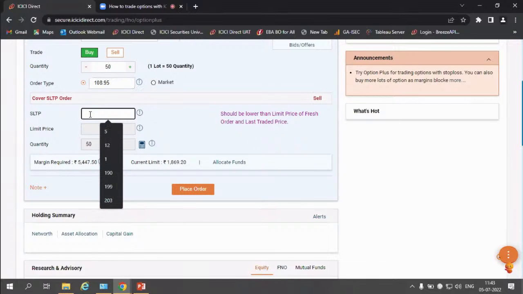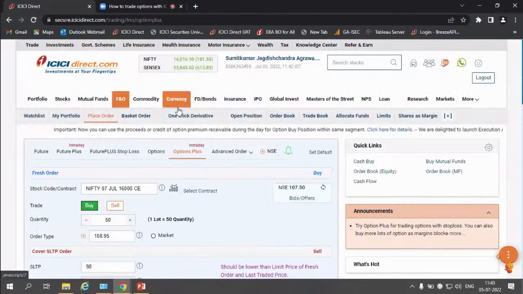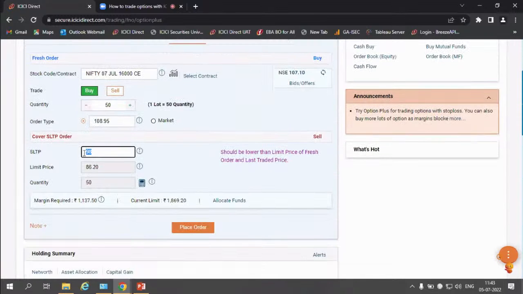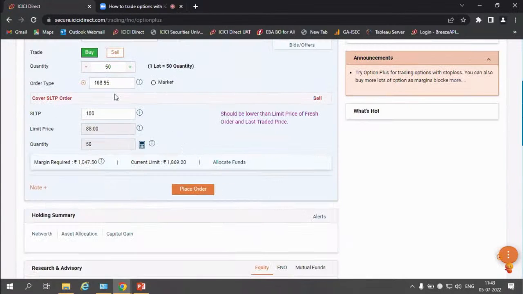But if you put a stop loss of, let's say, 98, so I'm putting a stop loss of 98. Let me go with 100 basically. The difference between these two prices is about 9 rupees, right? So 9 rupees, 9 fives are 45, which is about 450 rupees.